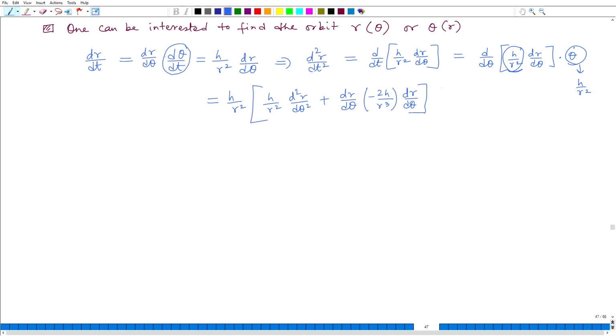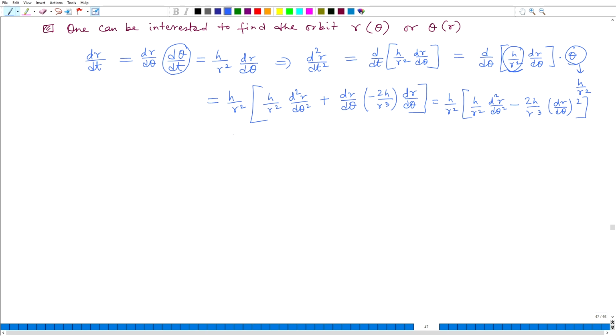So, finally, you will have something like h by r square d2r d theta 2 minus 2h by r cube dr d theta whole square.